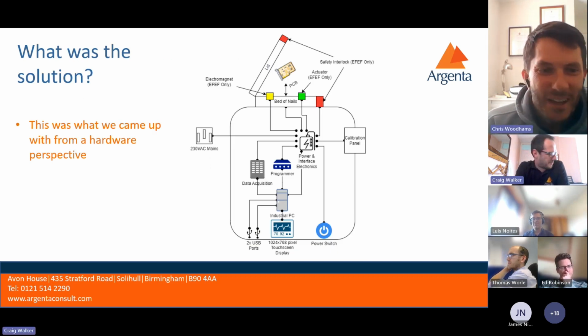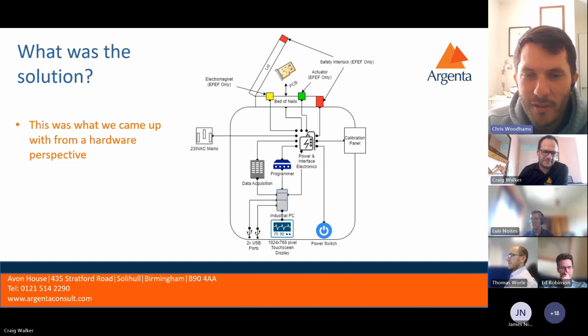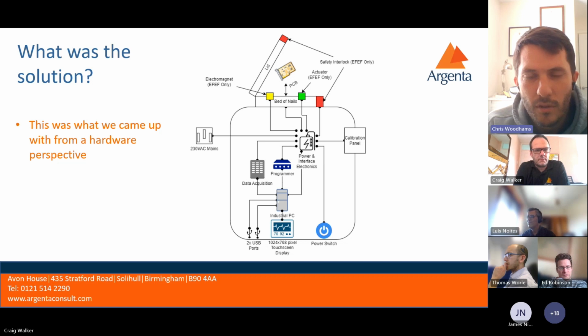Cool. So hopefully slide 6 is a diagram view of the solution that we implemented. You've got a desktop cabinet that contains the things within that box, and on top of that we've got a bed of nails, which is effectively all of the test points that align to where they need to on the PCB when it's loaded onto the bed of nails, and then you're able to close the lid down and perform various bits of testing.